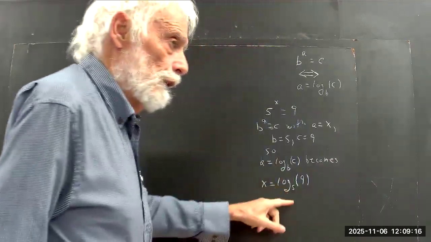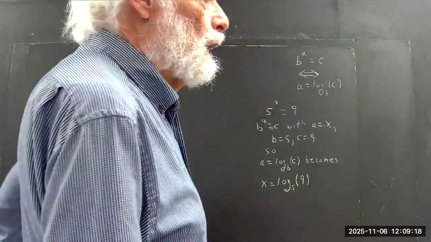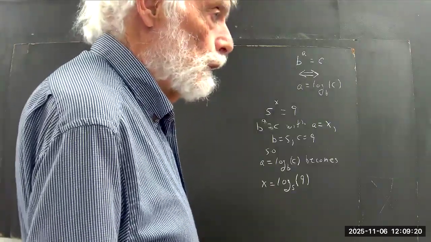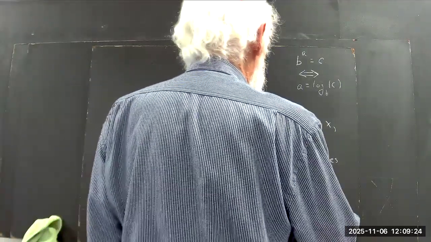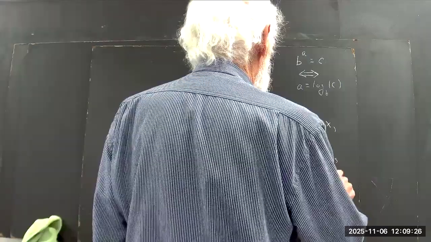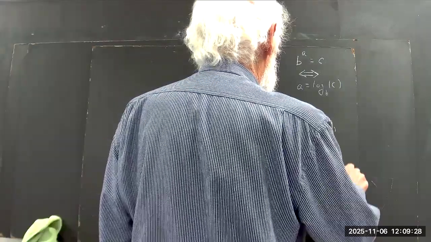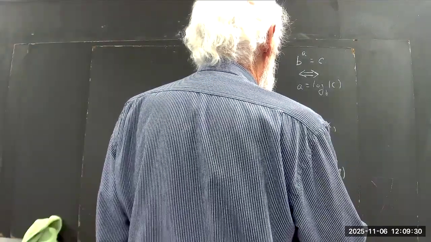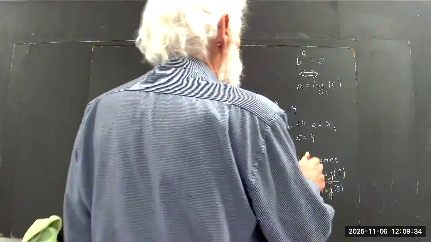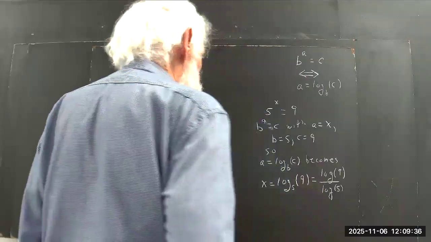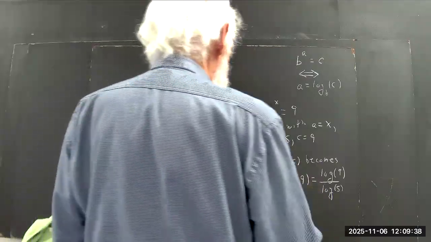So there's your solution. That's the exact solution. If you want a numerical solution, you go to your calculator and you write this out as a log of 9 divided by the log of 5, or if you wish, natural log of 9 over natural log of 5. Doesn't matter.